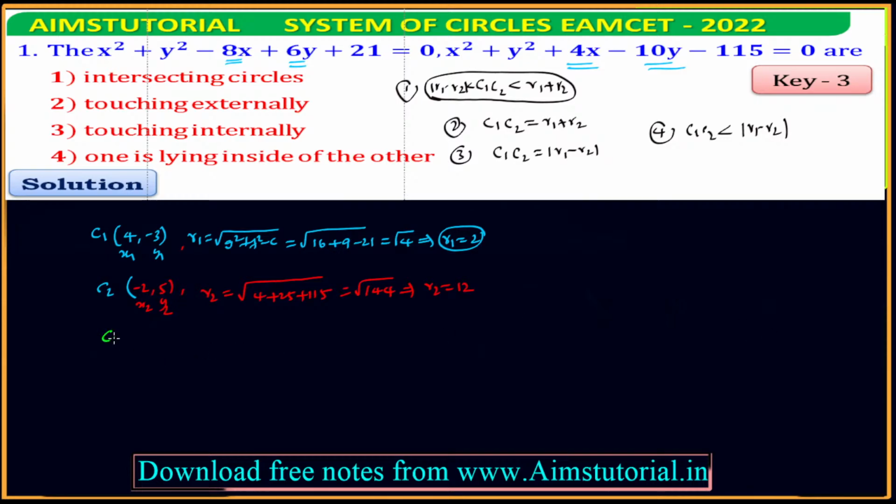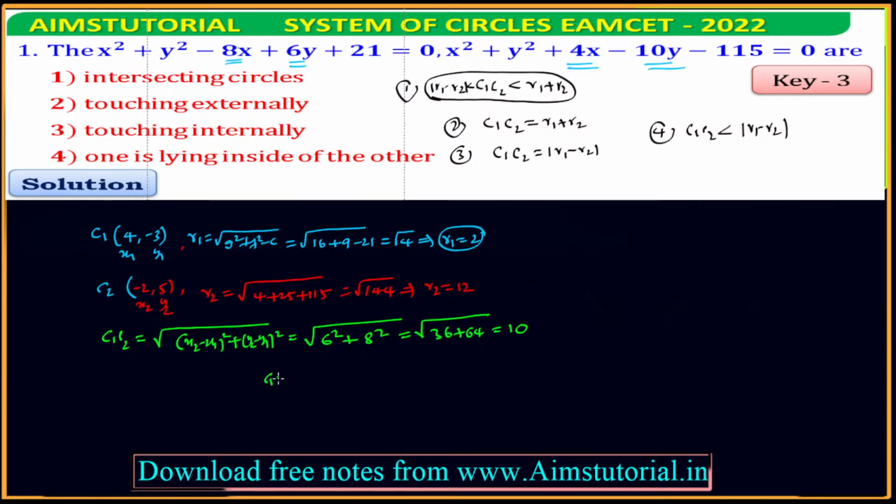C1C2 means the distance between the centers. That is root of x2 minus x1 whole square plus y2 minus y1 whole square. So x2 minus x1, 4 plus 2 is 6 square, minus 3 minus 5 is 8 square. 6 sixes are 36, 8 eights are 64, that is root 100, which is 10.